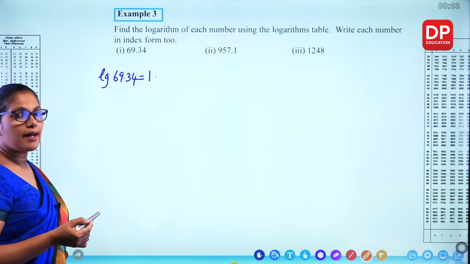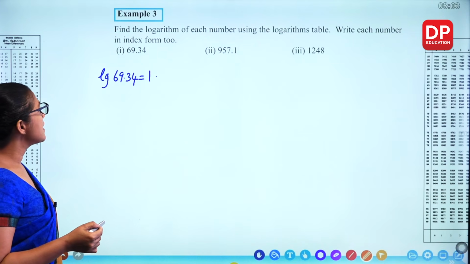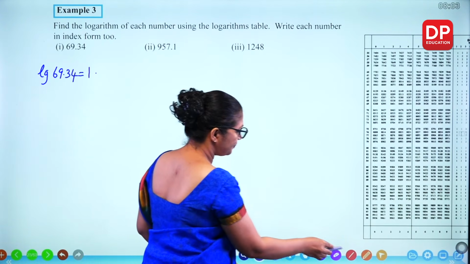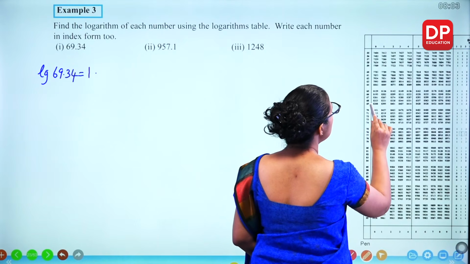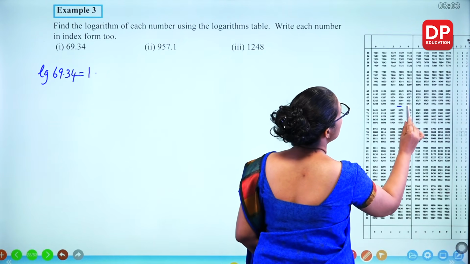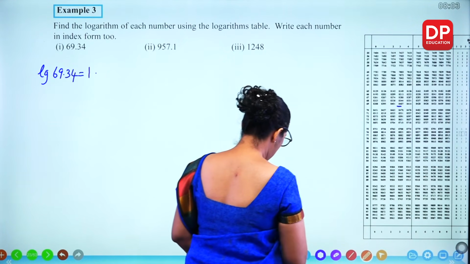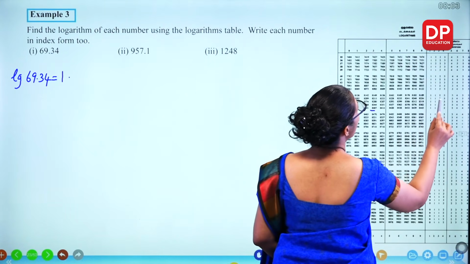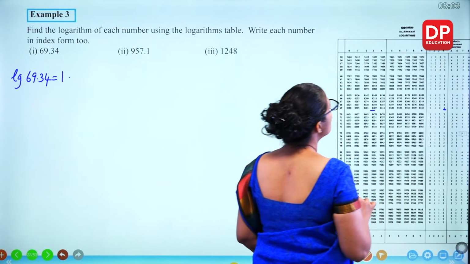What's the mantissa value? 69.34. 69 from this table. 3 is this one. 4, we need to look further. 4 is 2.